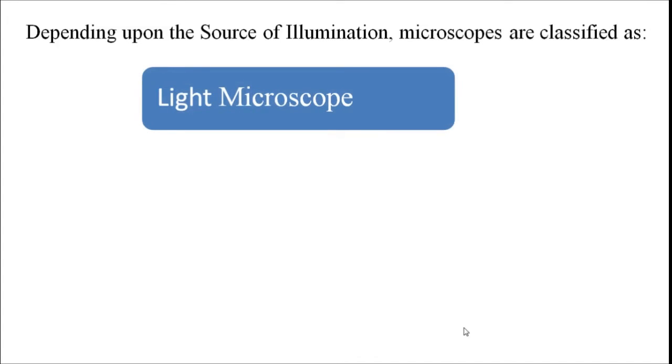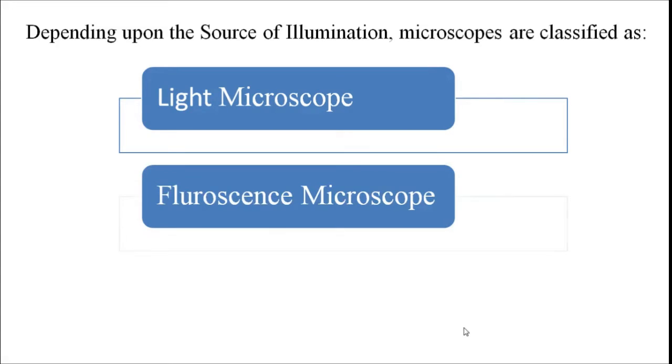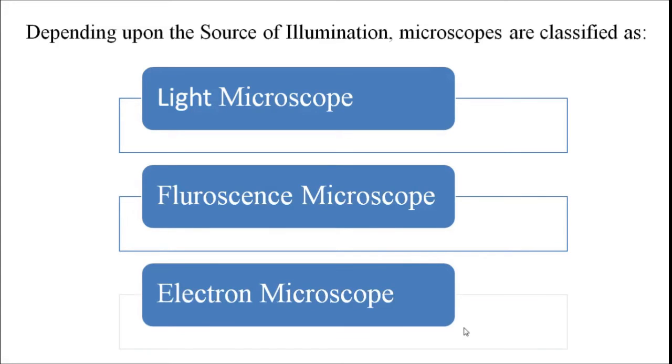In addition to the number of lenses, the second classification of microscopes is based on the source of illumination. Depending on the source of illumination, they can be classified as light microscope, fluorescence microscope, and electron microscope.